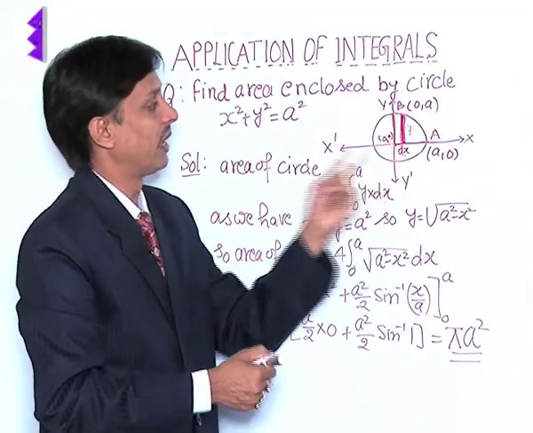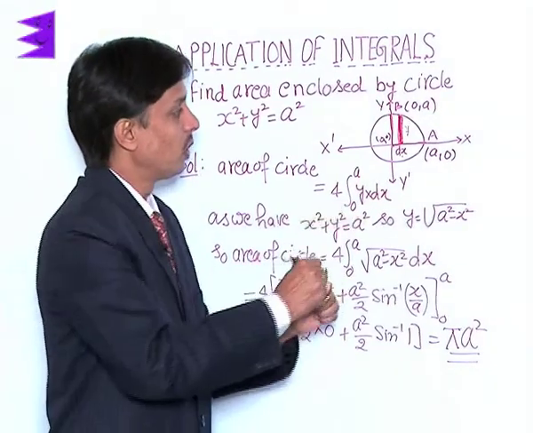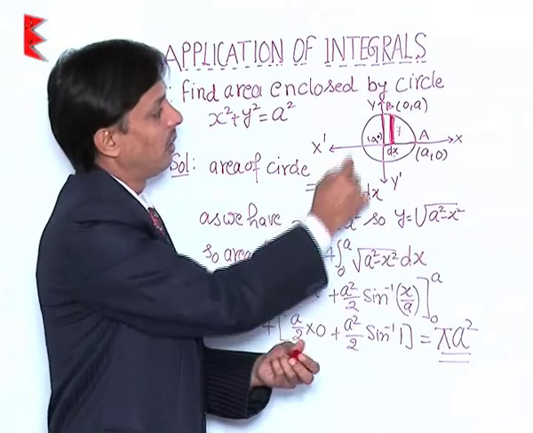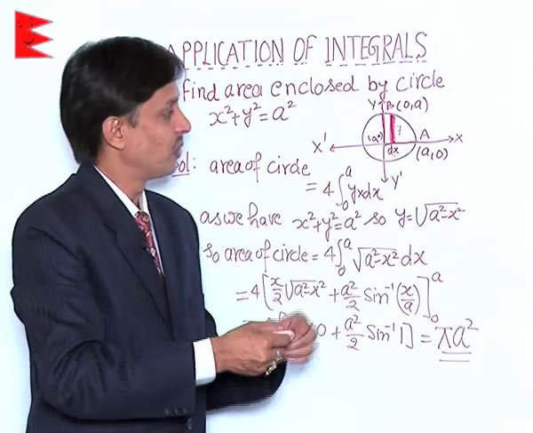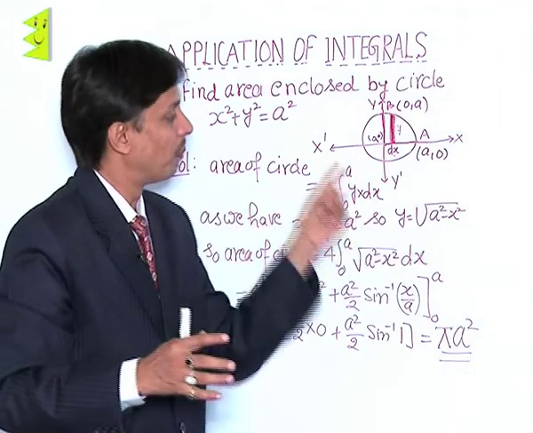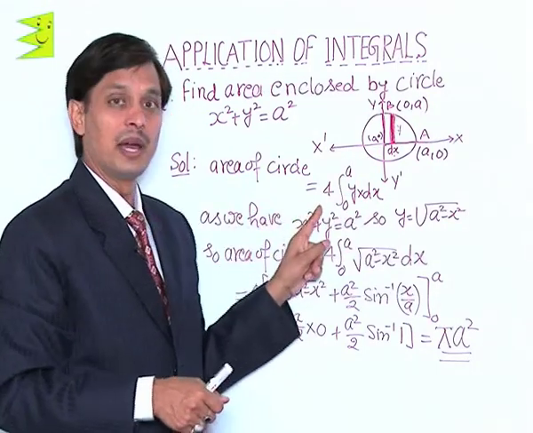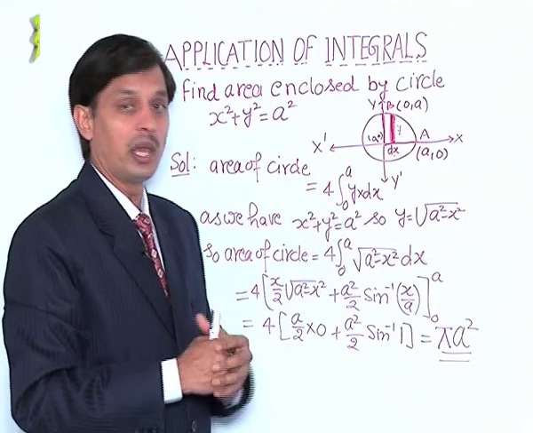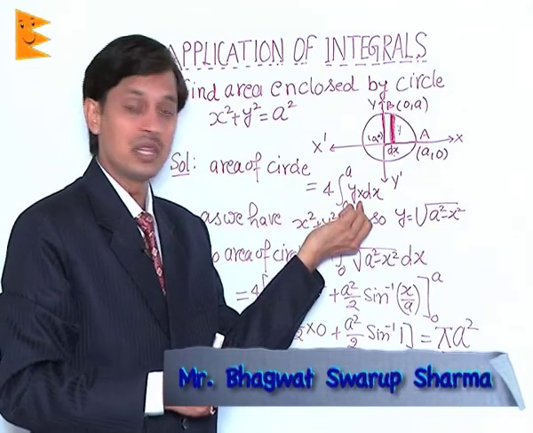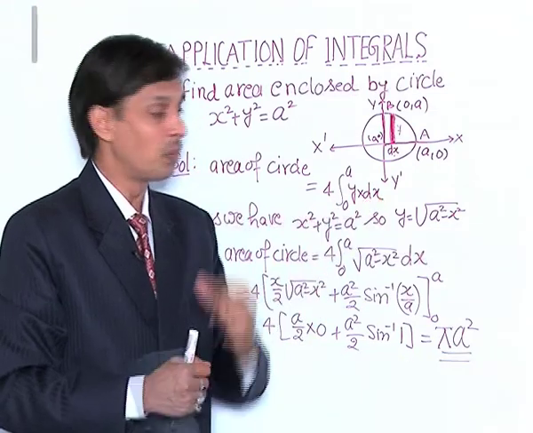Such kind of rectangles will form from the origin, that is from 0 to a, and if the area of one part is obtained and multiplied by 4, that will give us the area of the complete circle. So the area of the circle is given by 4 times integral 0 to a of y dx. Y is the height, or you can say length, and dx is the small width.